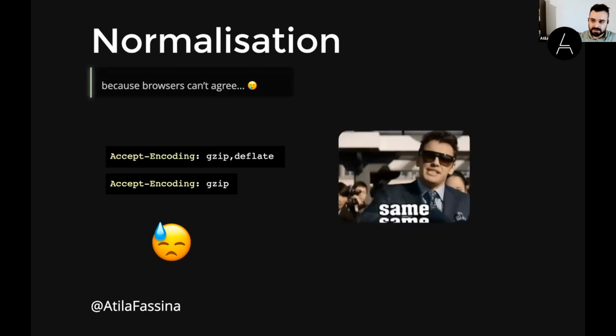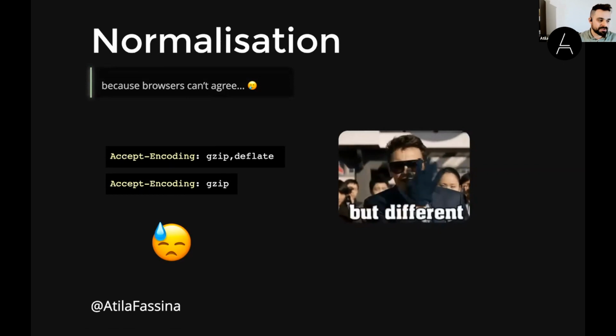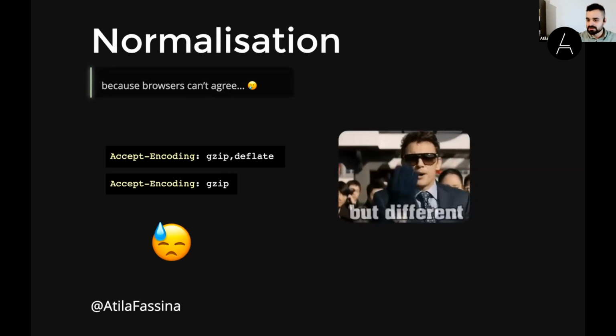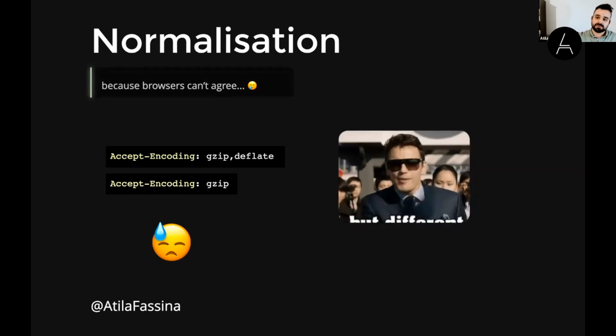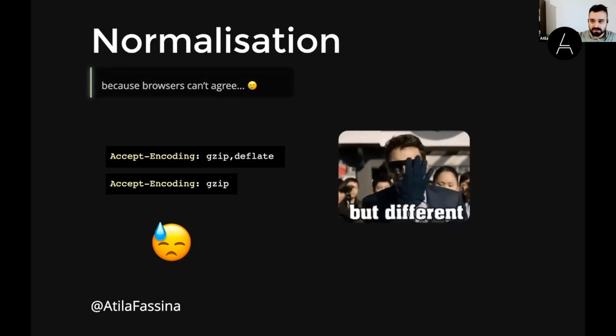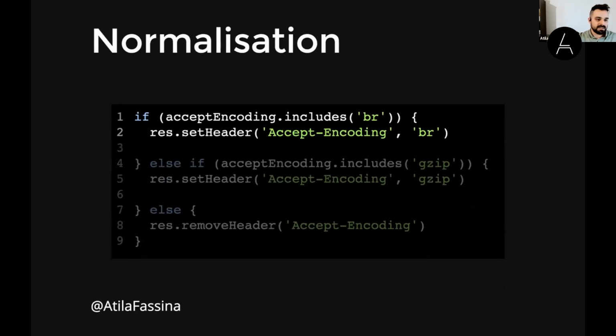So in the hypothetical scenario that the first request happens and it gets cached, and then the second request happens, it still needs to go all the way to the server and get the response. They don't get the cache. So ideally, you can normalize that. And it's just another if statement.